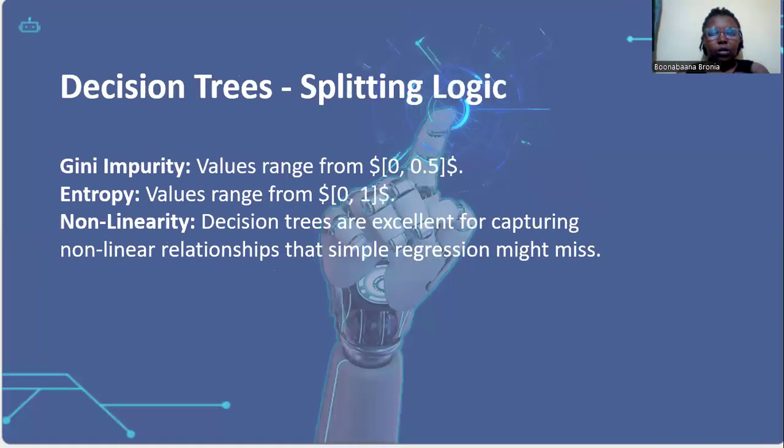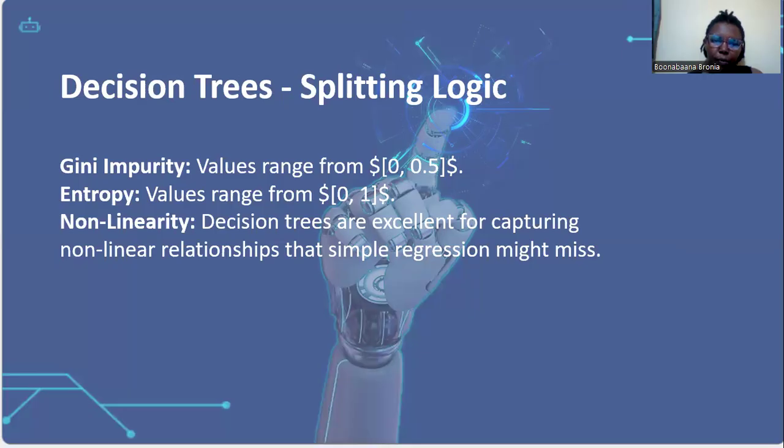Another concept of machine learning, we have decision trees. We can call them another way of feature engineering, or determining which features should be considered for the model training. And these include terms like Gini impurity, which values the range. These are all equations that are used to calculate distances between features.